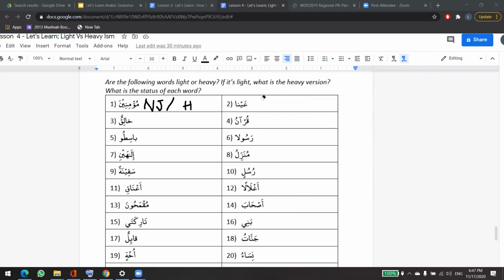Ainani, this is light, and the heavier version is ainani. Either ainani or aina, both are rafa, and that's it. You already told it's a lighter form. You told the heavier form, which is ainani, and this is rafa.